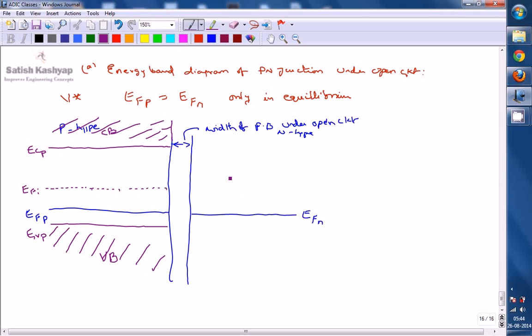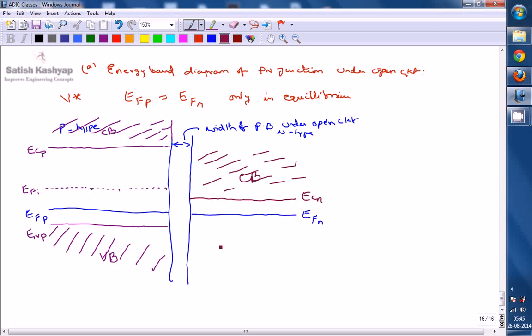Now we will go for the energy band diagram of the N side. If you observe, the Fermi level of the N side is more near to the conduction band edge, so we can draw it over here. N side Fermi level is going to be more near to the conduction band edge, so I am writing it as ECN, the conduction band of N type, and above this it is treated as the conduction band.